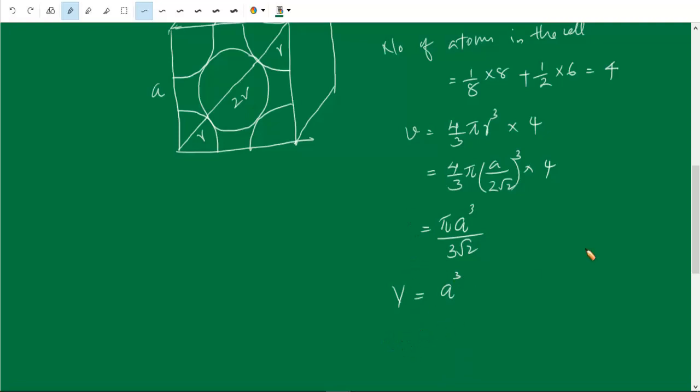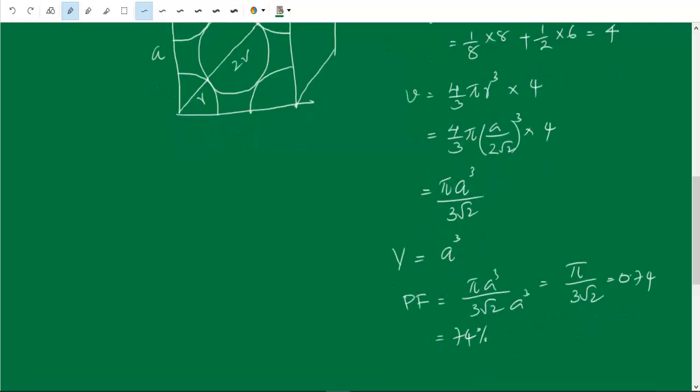So the packing fraction is pi a cube by 3 root 2 divided by a cube, equal to pi by 3 root 2, which is 0.74. So the fraction of the volume occupied by atoms is 0.74, that is 74%, and the remaining 26% is the void space.